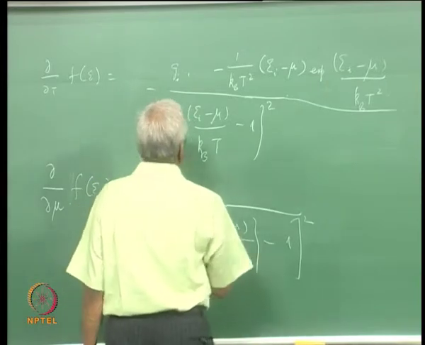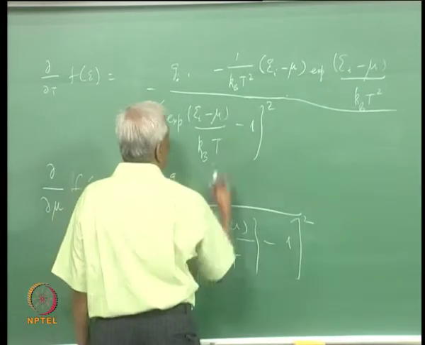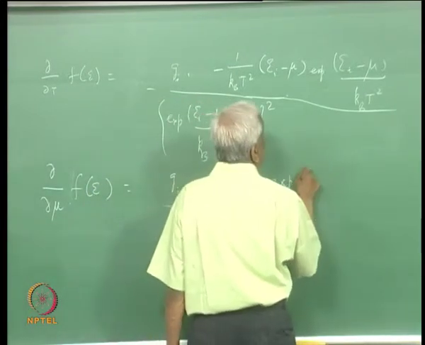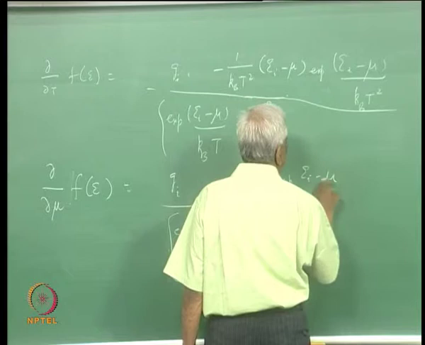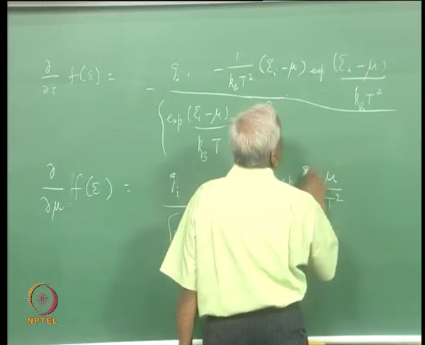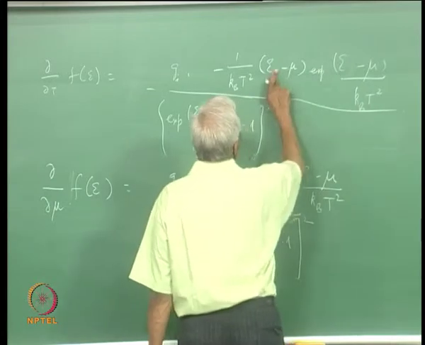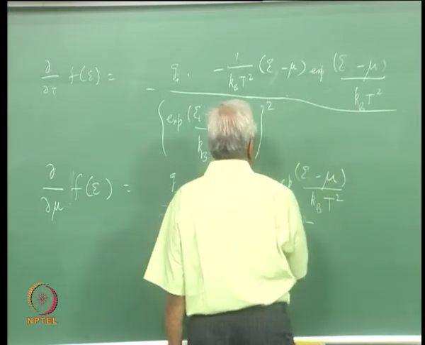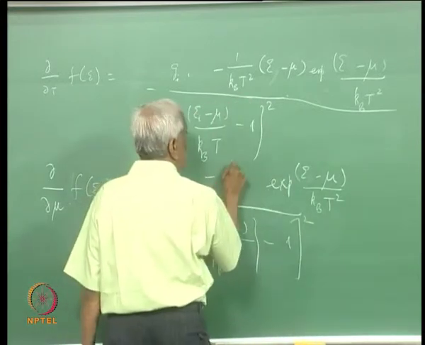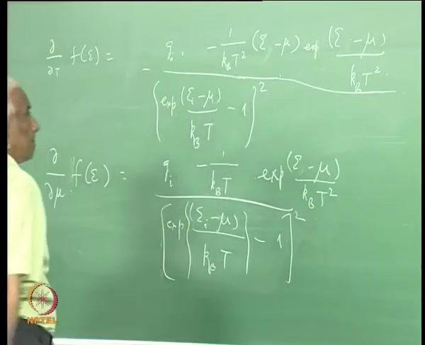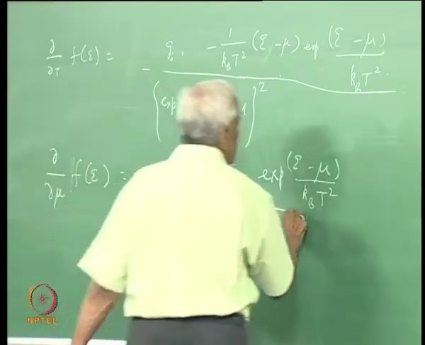Then I have to differentiate with respect to mu, so that gives me again exponential times minus 1 by kBT. So, that will be the value of this derivative.